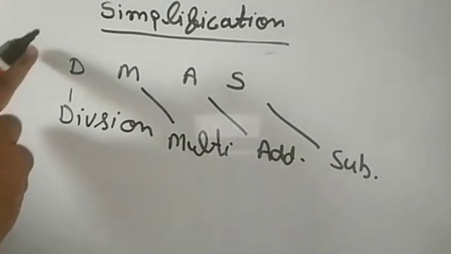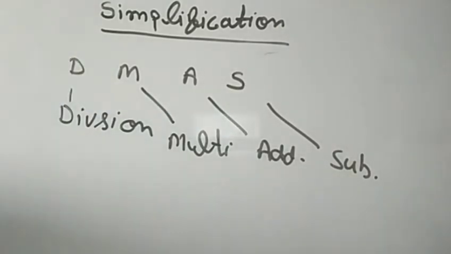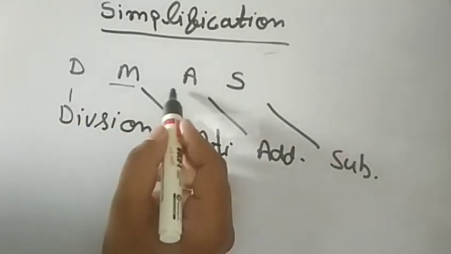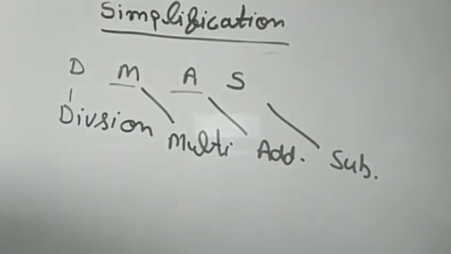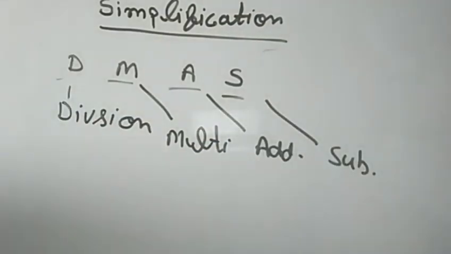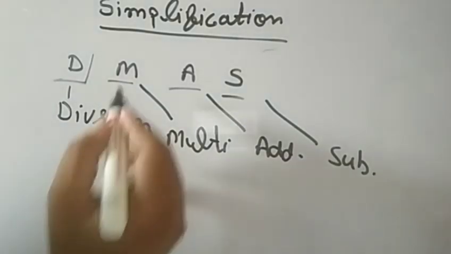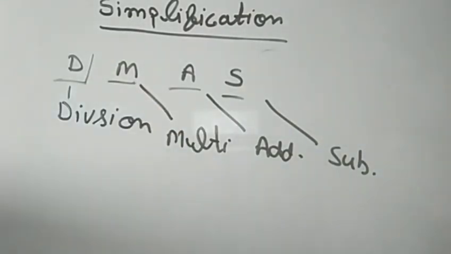First of all, we have to solve the division in a problem, then the multiplication, then the addition, then the subtraction. In case there is no division in the sum, we start from the multiplication. Let us understand this with the help of an example.